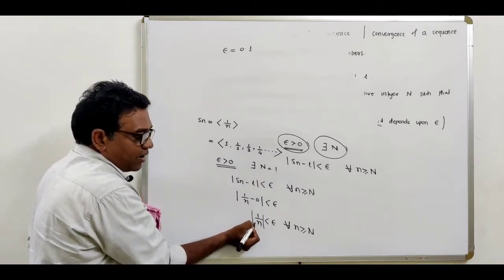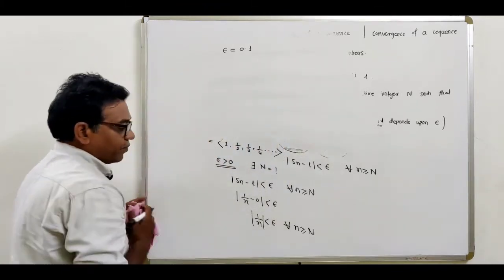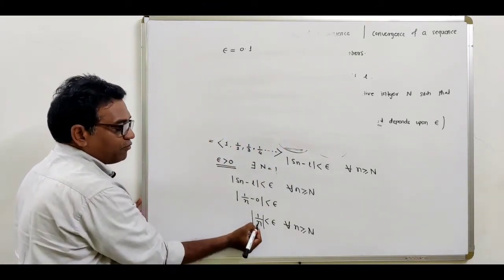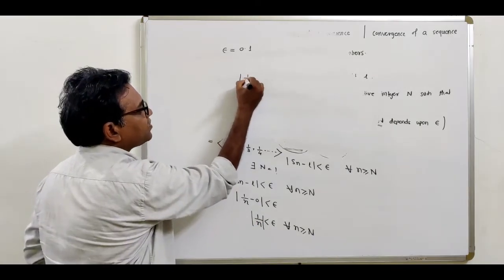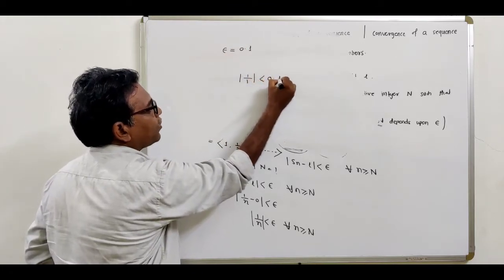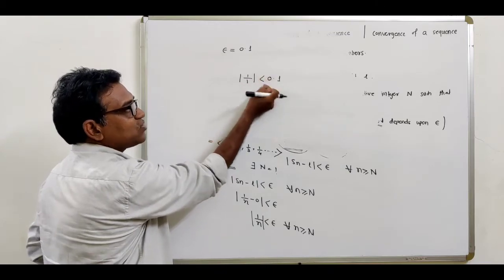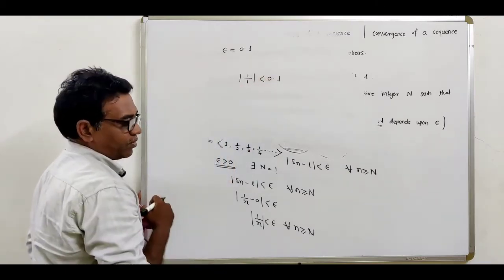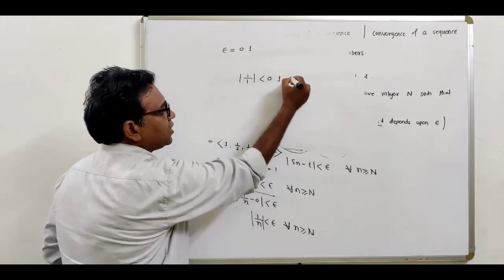Let us put the values of n from the natural numbers. If you put n equal to 1, the left hand side, 1 upon 1, is 1. We have taken epsilon equal to 0.1, so 1 is not less than 0.1. So if you put n equal to 1, this condition does not hold.